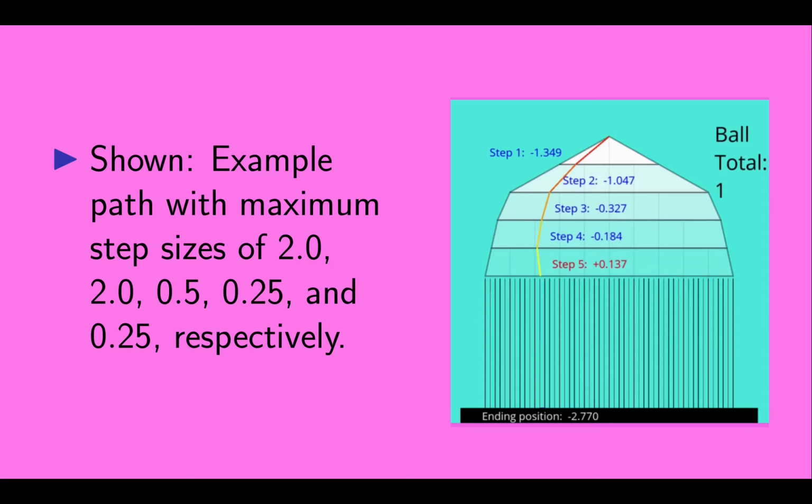So here we see an example path for the case where the maximum step sizes were chosen to be 2, 2, 0.5, 0.25, and 0.25 respectively. We can see that the first two steps did turn out to be much larger than the others, which is not surprising.